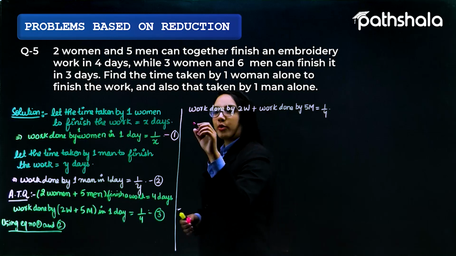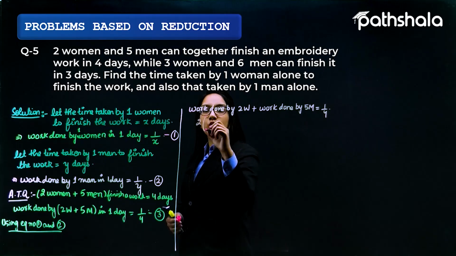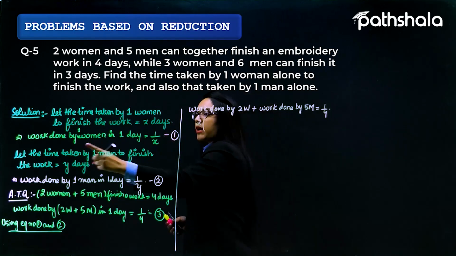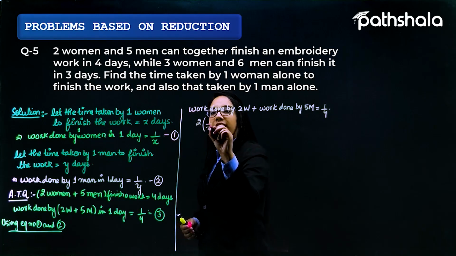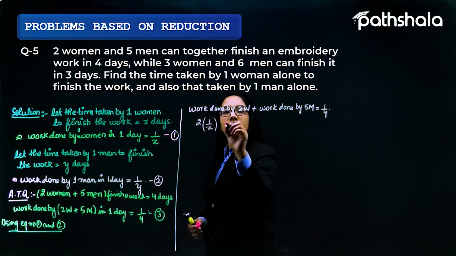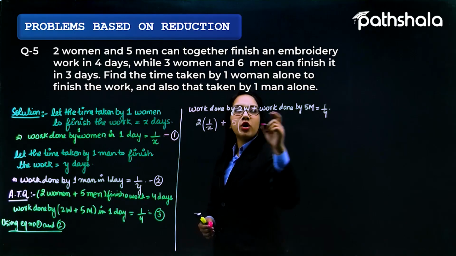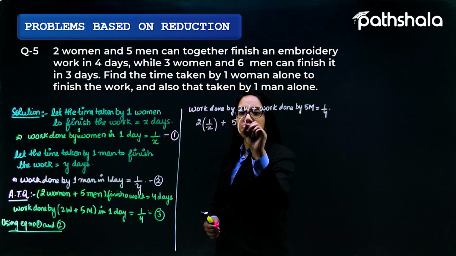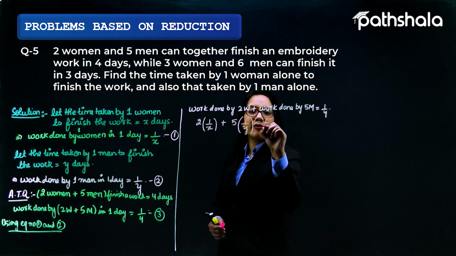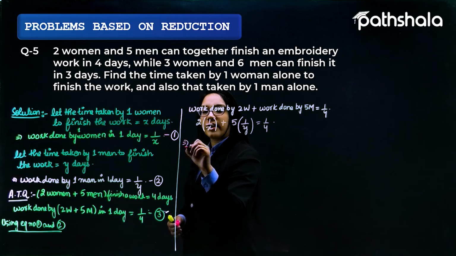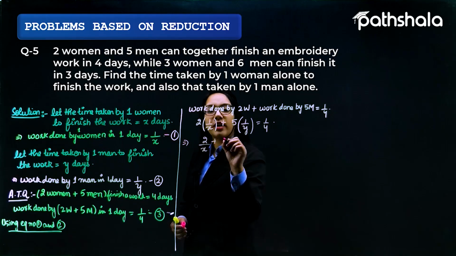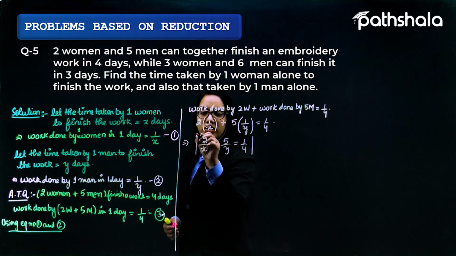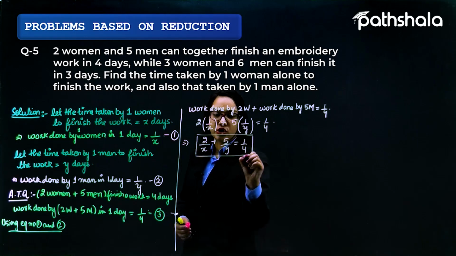So the equation is 2 into the work done by a woman in 1 day, which is 1 by x from equation 1, plus 5 into the work done by a man in 1 day, which is 1 by y, equal to 1 by 4. So the equation we get at the end is 2 by x plus 5 by y equals 1 by 4. Let this be my equation number 4.